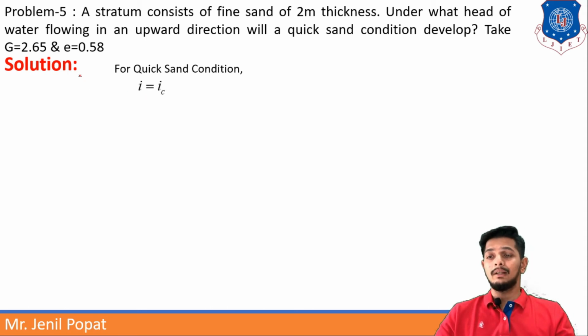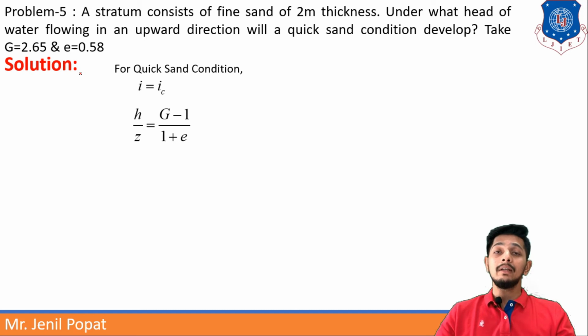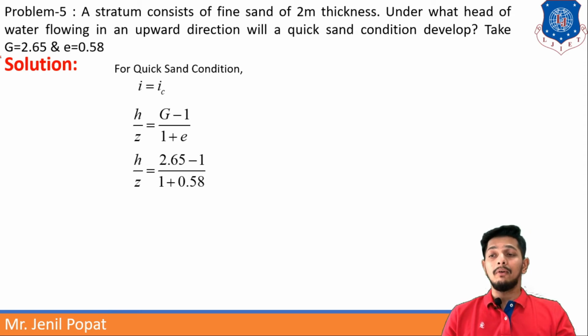So for quicksand condition, I must be equal to IC. I is hydraulic gradient and IC is critical hydraulic gradient. When hydraulic gradient becomes critical hydraulic gradient, quicksand condition will occur. Here I can be written as H by L or Z, and IC can be written as G minus 1 upon 1 plus E. Here H by Z is to be found out and G and E are provided, so Z is also provided here as 2 meter, right, thickness.